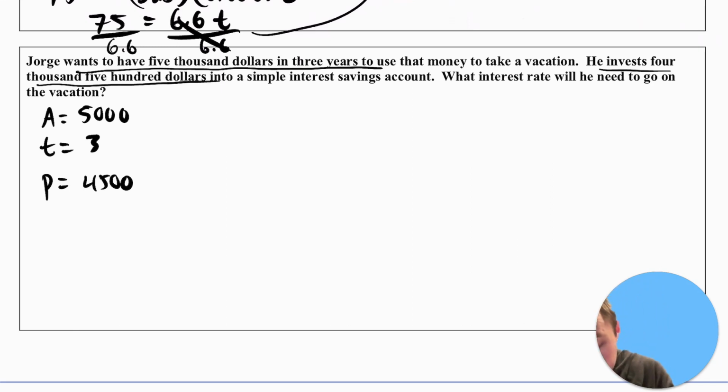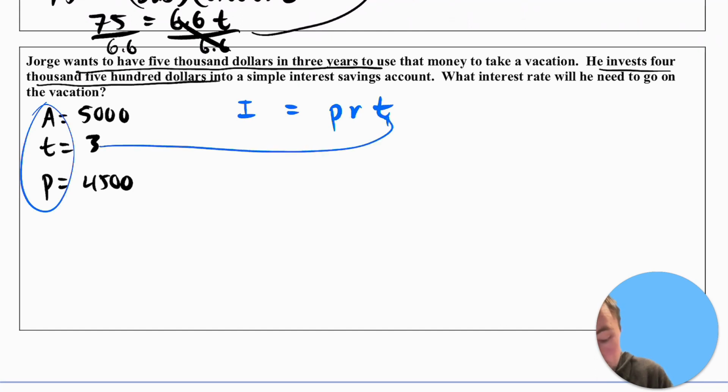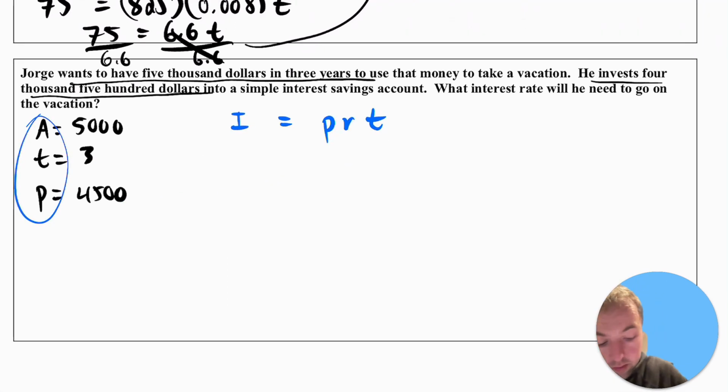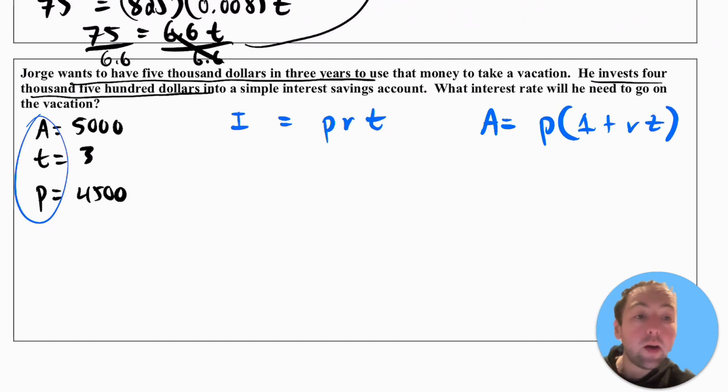If you know these three variables, A, T, and P, and you wanted to use I equals PRT, you'd only be able to plug in a known T value and a known P value. You don't know the I or the R, so you need at least one more of them. Recognize that there is also the other identity, A equals P times (1 plus RT), that we derived earlier.